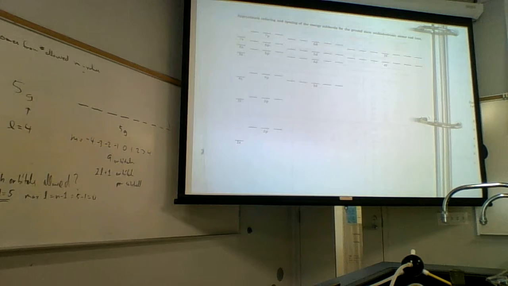Are 6H orbitals allowed or forbidden? 6H orbitals are allowed. How many orbitals are there?